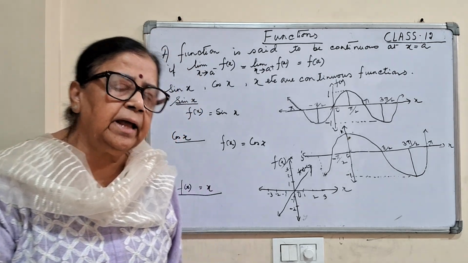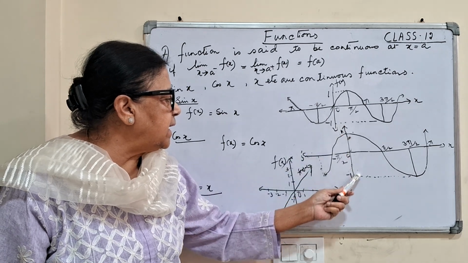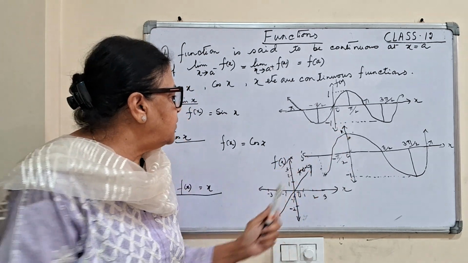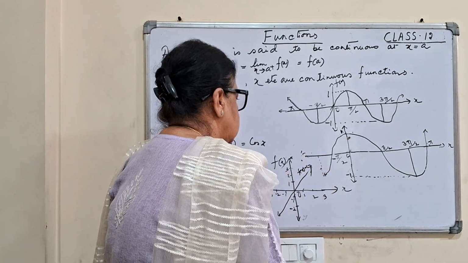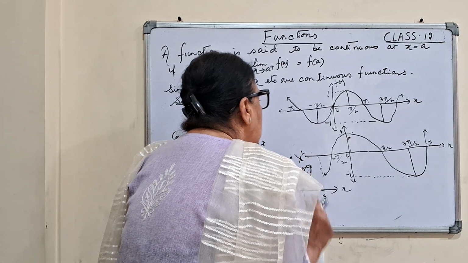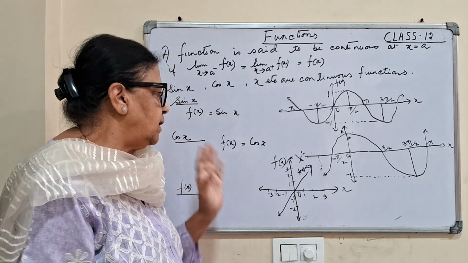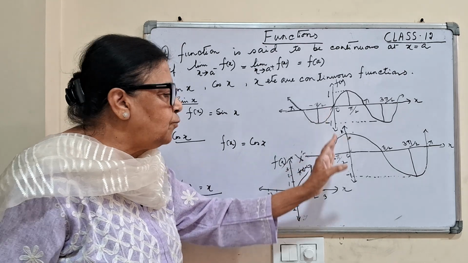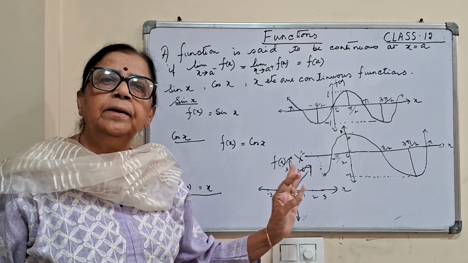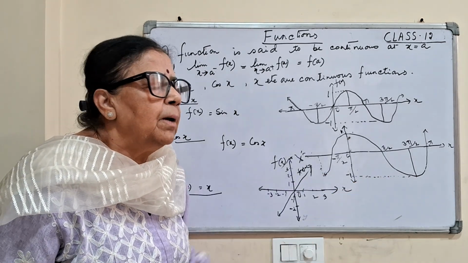We take the y-axis here and this is along the x-axis, this is x dash, and the value of the angle we will take here, and the value of the function will be here. The maximum it will go is 1, and the minimum it will be minus 1.